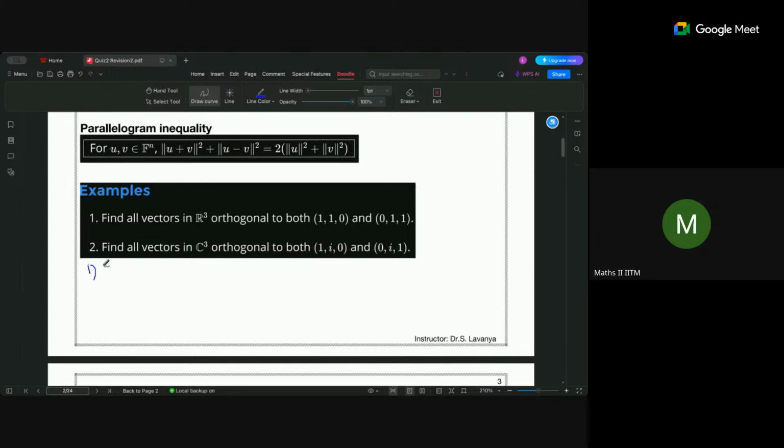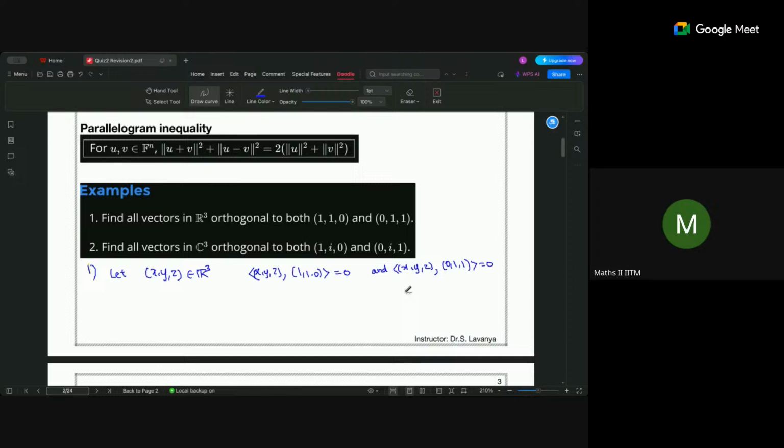Let us say you have a vector (x, y, z) in R3 such that the inner product of (x, y, z) with (1, 1, 0) is 0, and the inner product of (x, y, z) with (0, 1, 1) is 0.